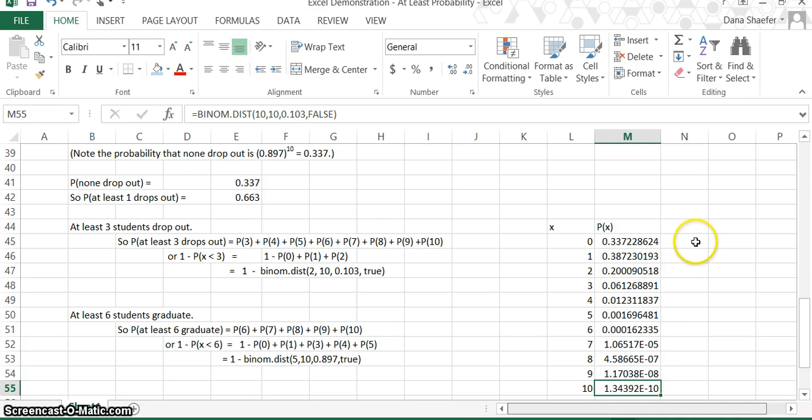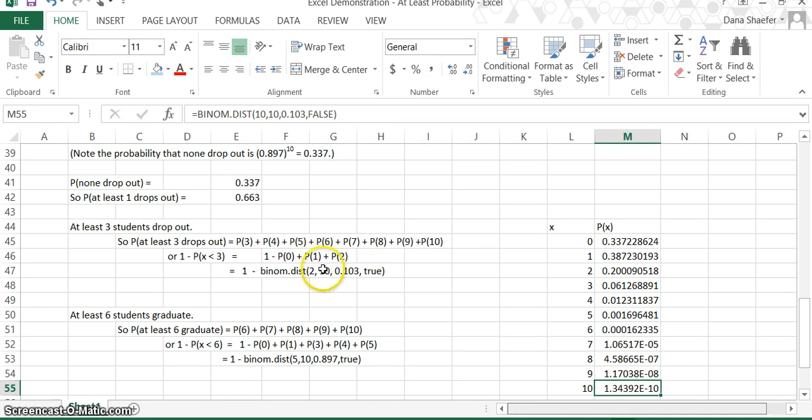And that's the point distribution for the binomial for each one of those probabilities. That would be the entire table with all of the possibilities of that discrete variable going from 0 to 10. So if I was looking at that top one of at least 3 dropping out, I could sum from this table 3, 4, 5, 6, 7, 8, 9, and 10.